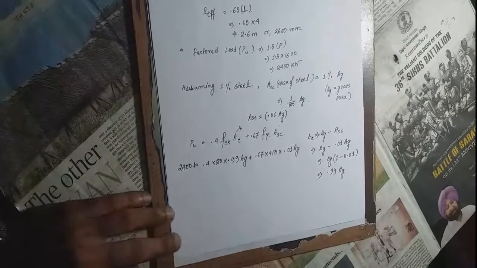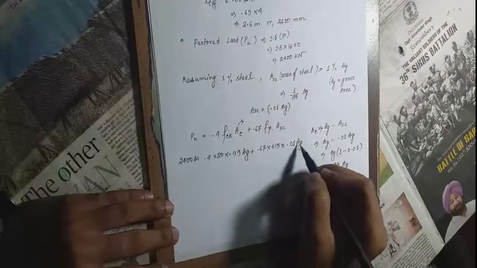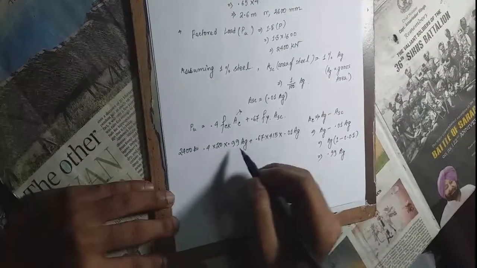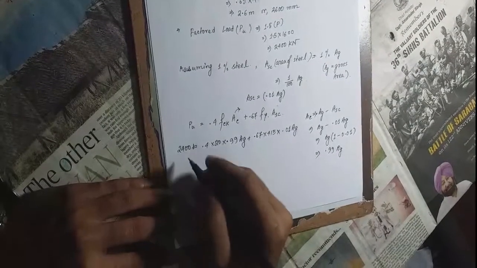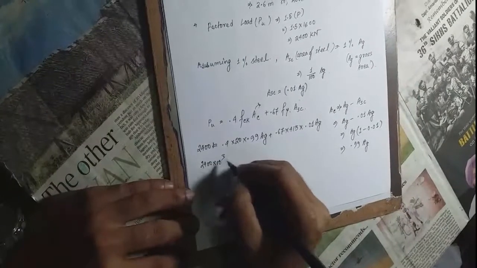Now in this calculation all the units are in mm, that is 415 Newton per mm square, 20 Newton per mm square, but here it is 2400 kilonewton, so we will change it to Newton, 2400 into 10 to the power 3.